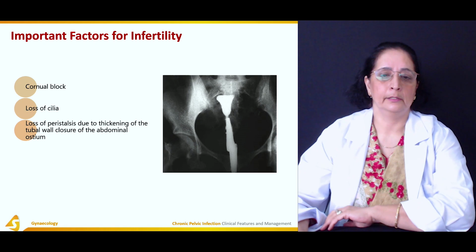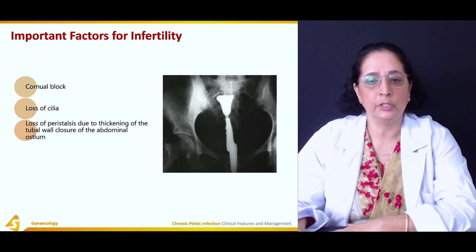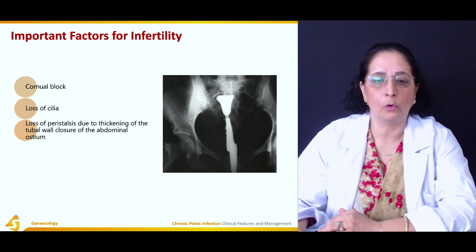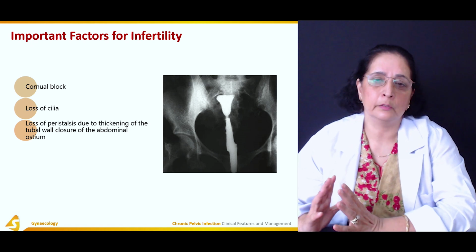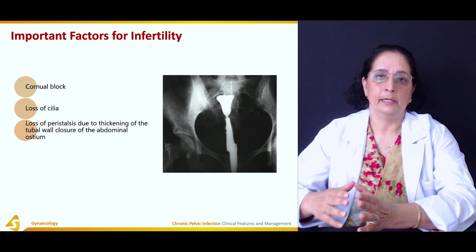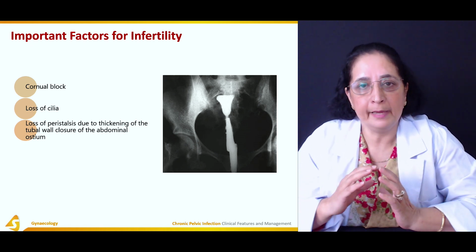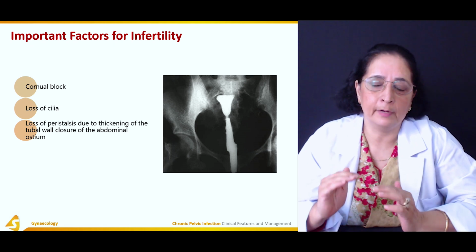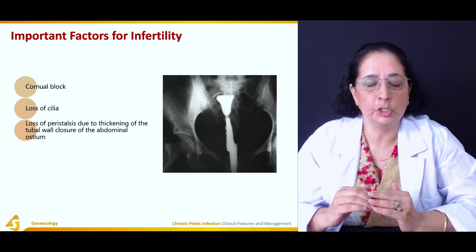Then another third factor is loss of peristalsis due to thickening of the tubal wall and closure of the abdominal ostium. So the third main reason is loss of peristalsis. Now, what is peristalsis? Peristalsis are the wave-like motions that take place in the fallopian tube.